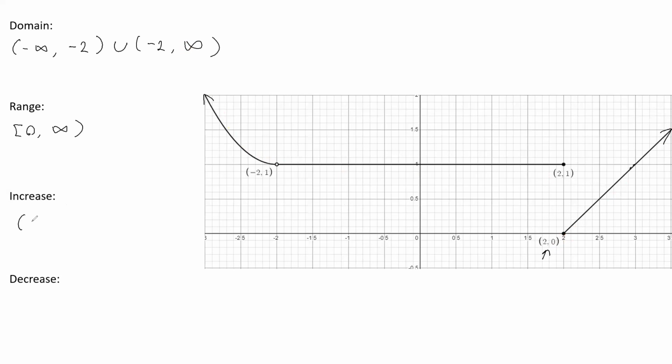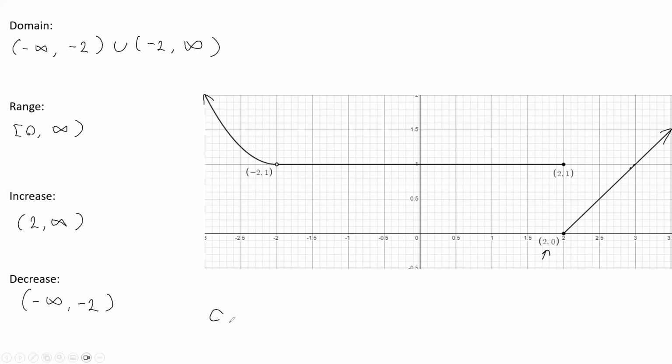So 2, comma, infinity, we're increasing. Now, where are we decreasing? From negative infinity to x equals -2, we're decreasing. We're just going downhill on this part. Then we stop decreasing and we're constant, and then uphill.